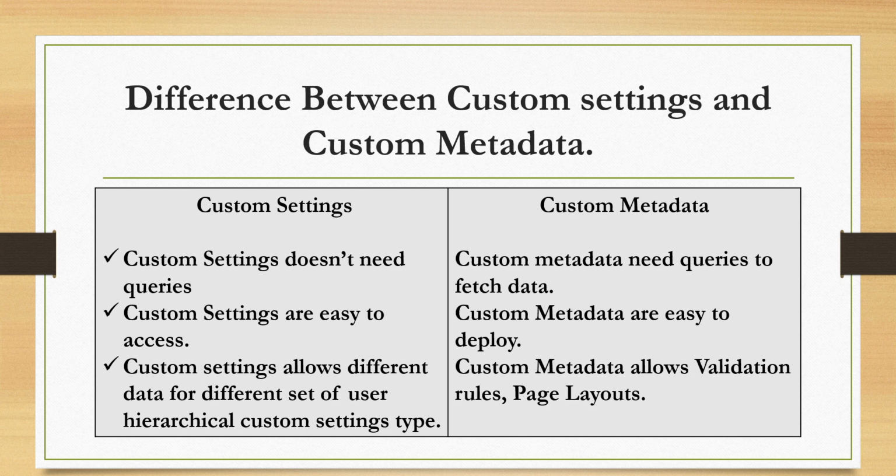Custom settings allow different data for different sets of users, like in the case of Amazon, as I explained earlier, the set of user hierarchy custom setting type. Custom metadata allows validation rules, page layout, and creating lookup relationships with other objects.